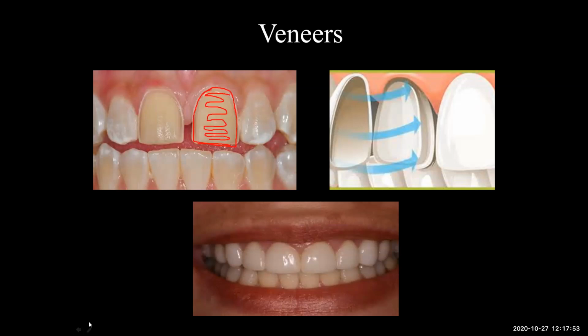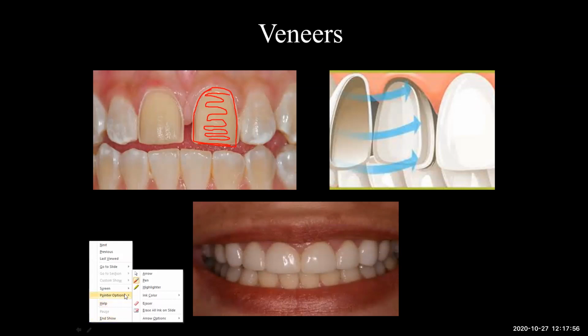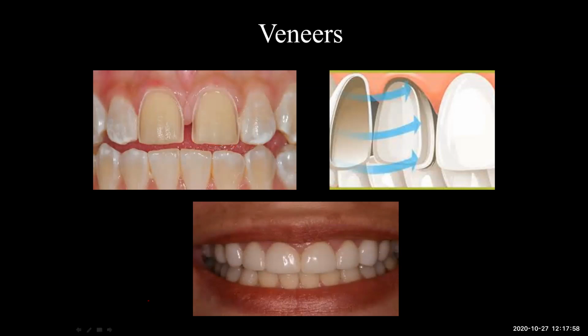Now, there are things called lumineers and lots of different types of procedures out now where they don't even have to remove any of the tooth surface. But a veneer is a wonderful cosmetic restoration for closing up gaps between teeth that can't otherwise be closed.